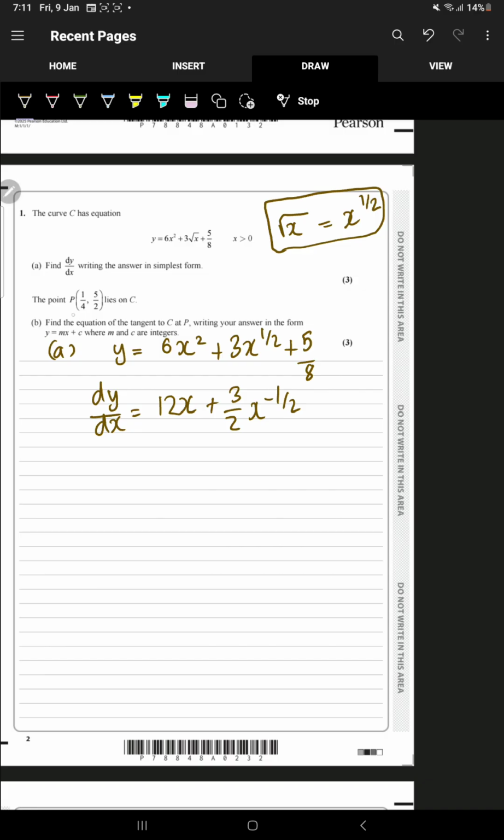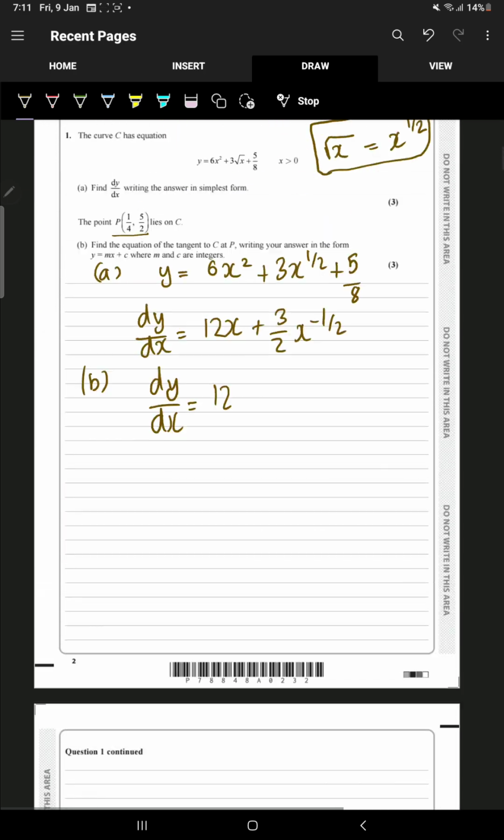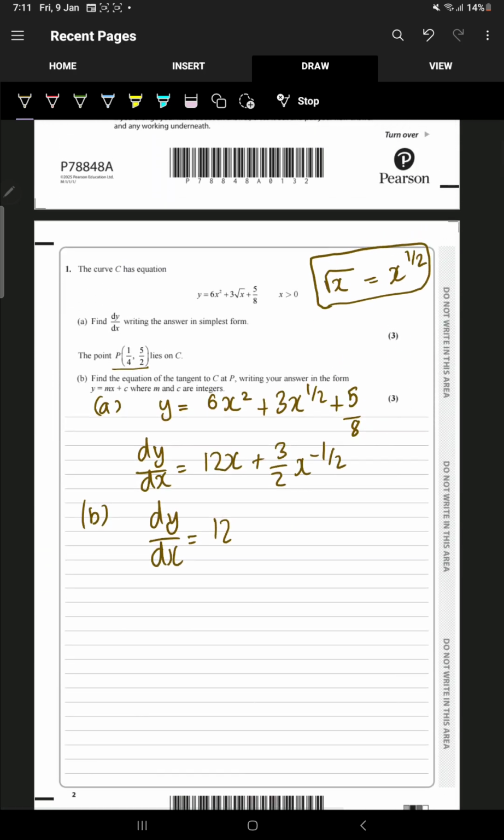Point P lies on 1/4 and 5/2. Find the equation of the tangent. So dy by dx, you have to substitute the x coordinate here to get the gradient, because dy by dx is used for finding the gradient, because dy by dx means difference in y over difference in x, which is gradient.